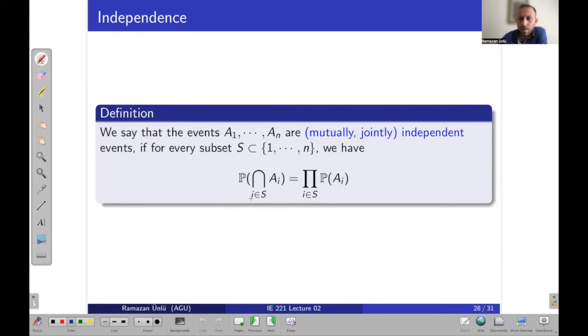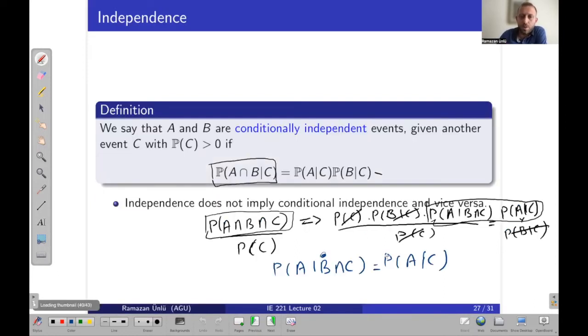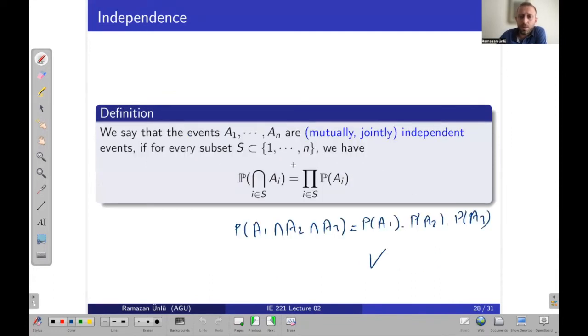Okay, so for example, for three events, we can say that the probability of A1 intersect A2 intersect A3 is the probability of A1 times the probability of A2 times the probability of A3. So we can generalize this equality by using this formulation.